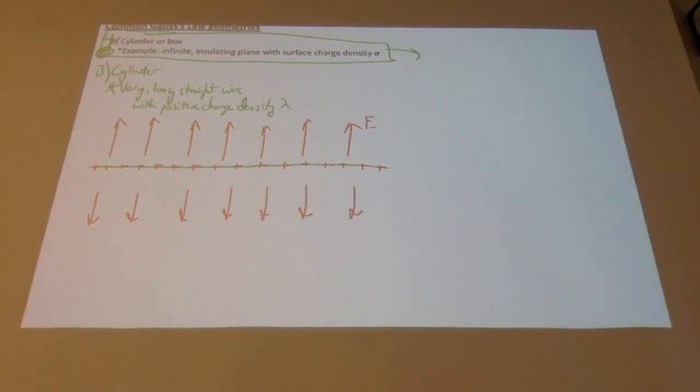Electric field everywhere. So in other words, if I were looking at the wire end on, and I could just see the end with one of my positive charges, we're imagining that there's an electric field that points in all directions out from the wire on all sides. So this is an end view of the wire.